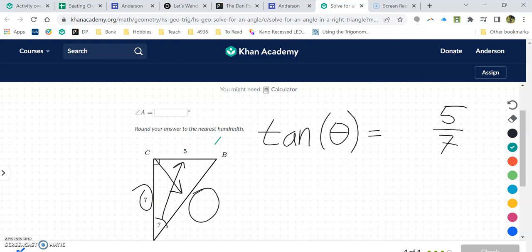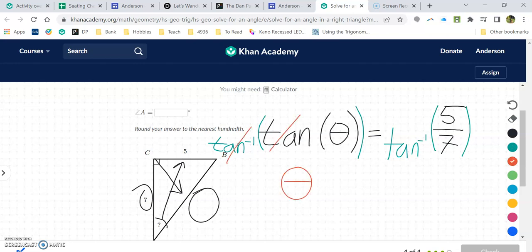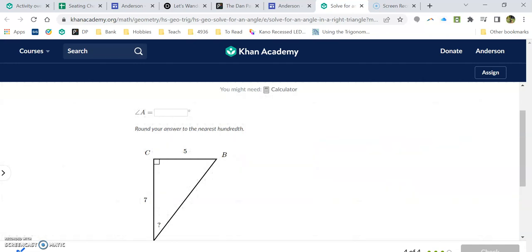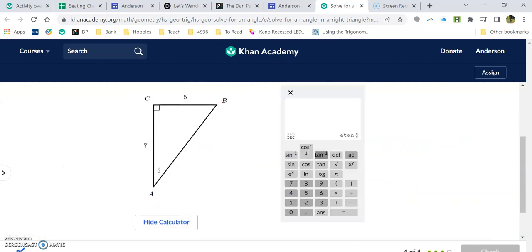Inverse tan, inverse tan, and like the last 3, gone, gone, theta by itself, inverse tan of 5 over 7. 35.537. Now the number past the 3 is a 7, which is 5 or greater. So it'd be 35.54.